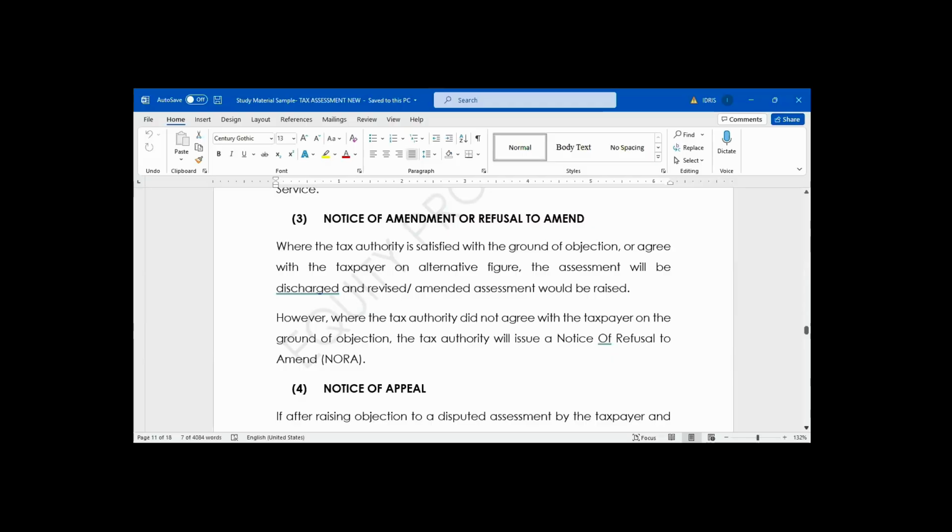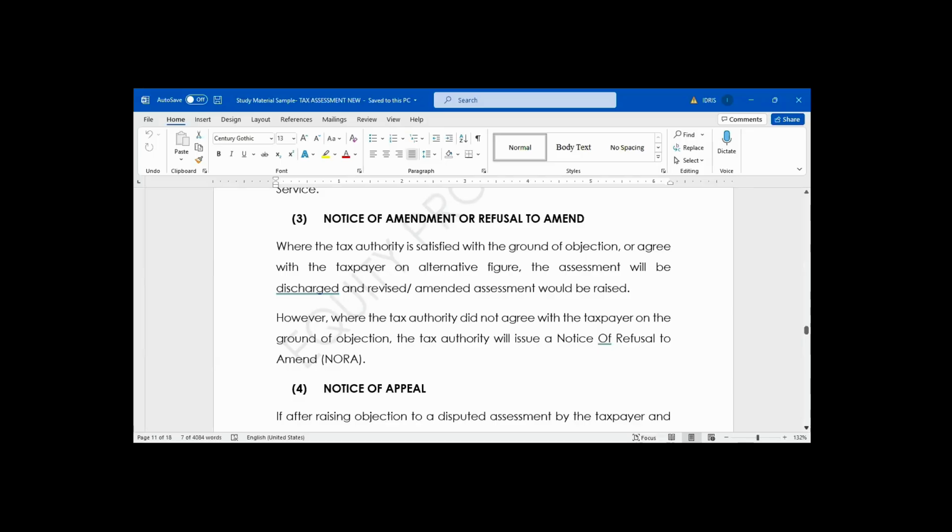If it is notice of amendment, the letter will be written by the tax authority to the taxpayer based on the notice of objection that they receive, stating that they have amended the notice of assessment based on the evidence provided by the taxpayer in the notice of objection.